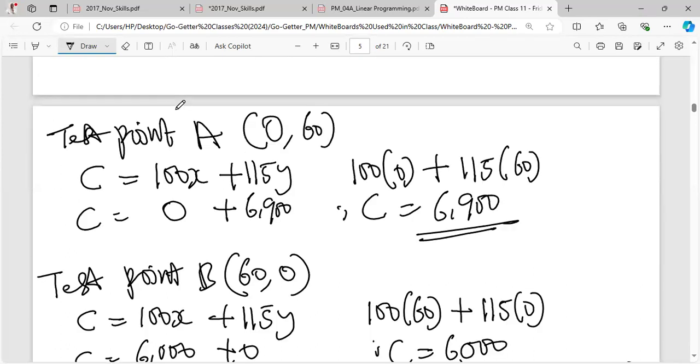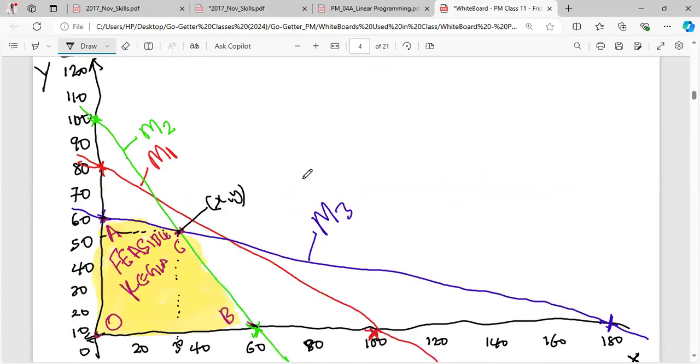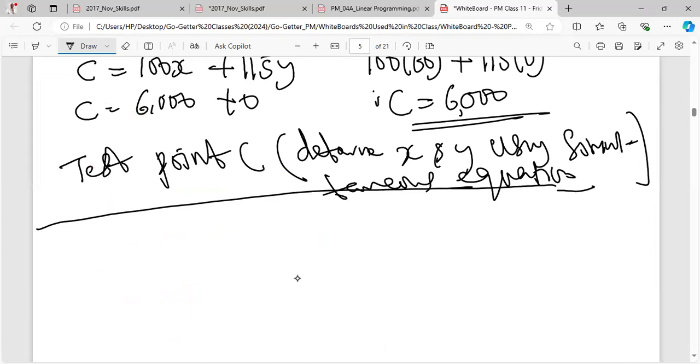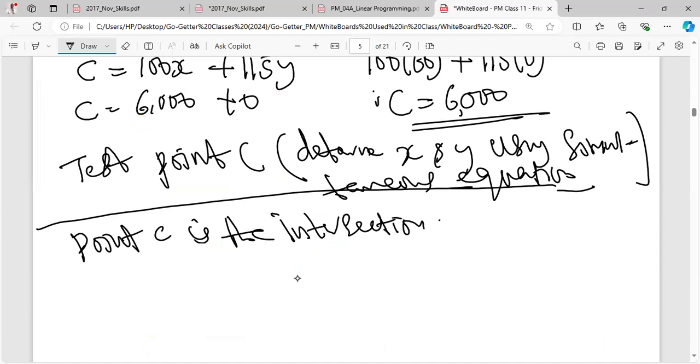So how do we use the simultaneous equations? This C is cutting across two lines. This green line, which is M2, and this blue line, which is M3. So you will say point C is the intersection of M2 and M3.